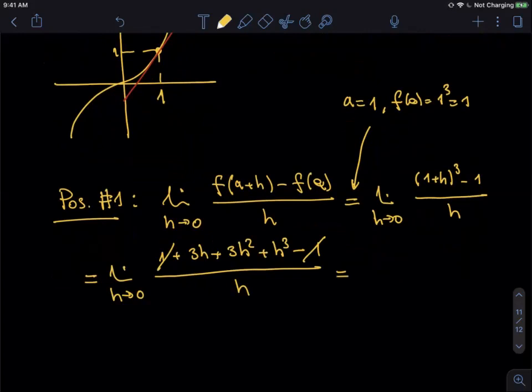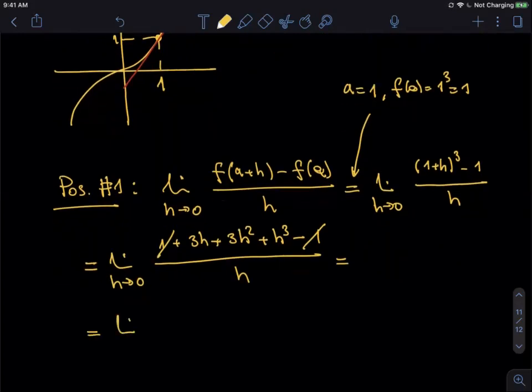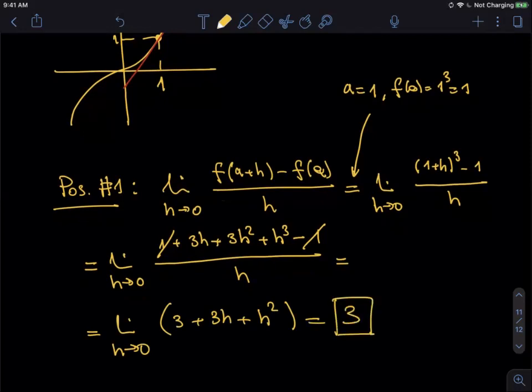This is then the limit as h tends to 0 of 3 plus 3h plus h squared. And this limit is 3. So the slope of the tangent line at the point 1, 1 is going to be precisely 3. Very difficult to guess if you don't use the limit.